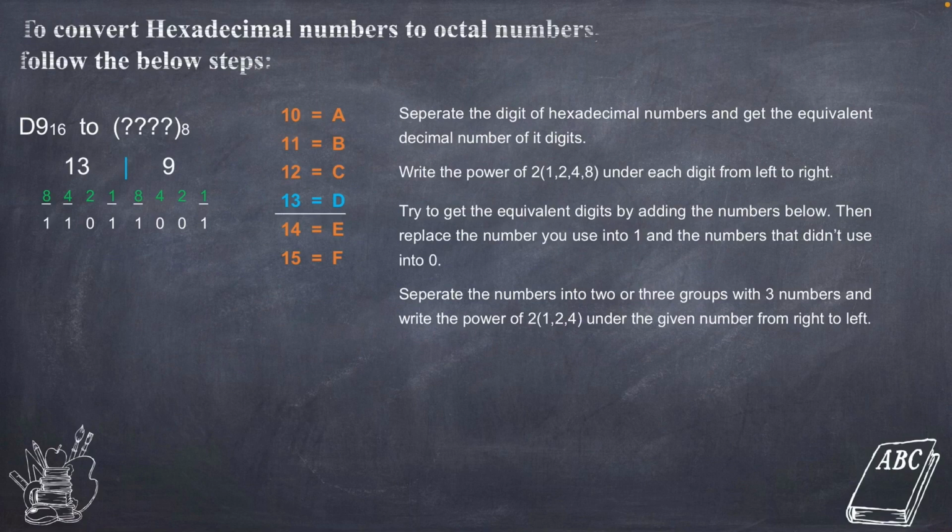Separate the numbers into 2 or 3 groups with 3 numbers and write the power of 2, 1 to 4 under the given number from right to left. So, sine-separate natin siya gaya lang ng ginagawa natin kanina. Pero dito, meron siyang 3 numbers. So, saan ba tayo magsisimula? Siyempre, sa dulo. Kaya, yung unang grupo, meron tayong 001.